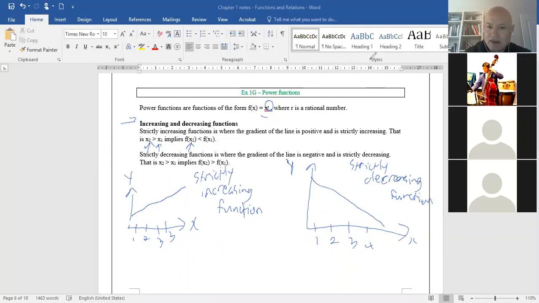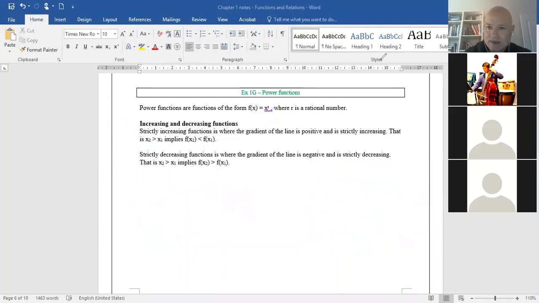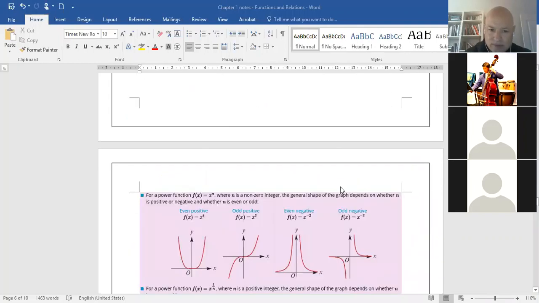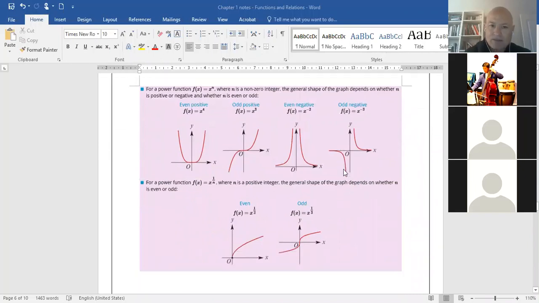Okay, so let me just clear this. Now this, and I'm pretty sure we went through positive and odd and even functions prior. I think it was earlier on in chapter 1 when we did it over the break, but just to give you a rundown, x to the power of 4, that is an even function there.